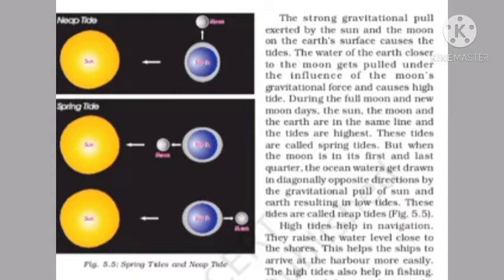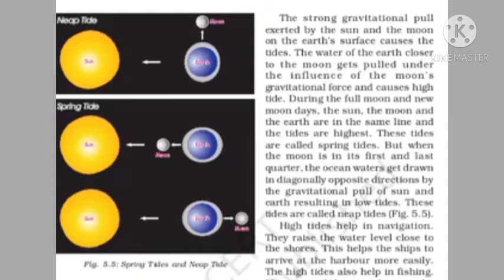Children, now we can look in detail at how these tides are formed. The strong gravitational pull exerted by the sun and the moon on the earth's surface causes the tides.